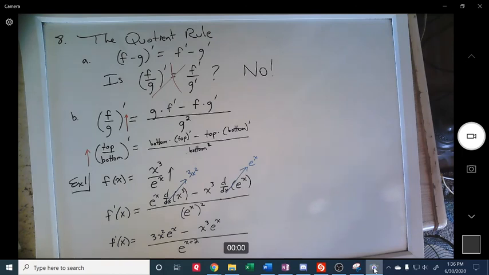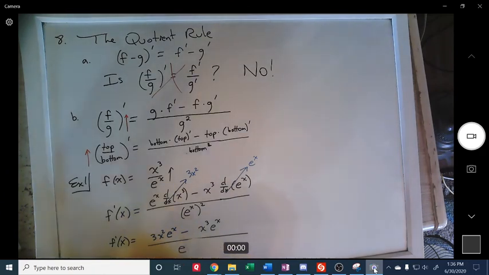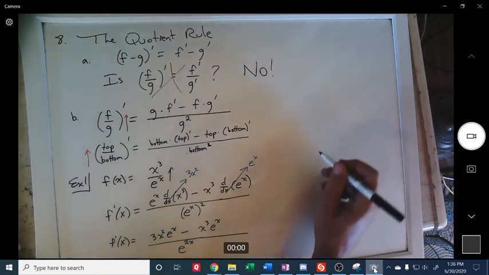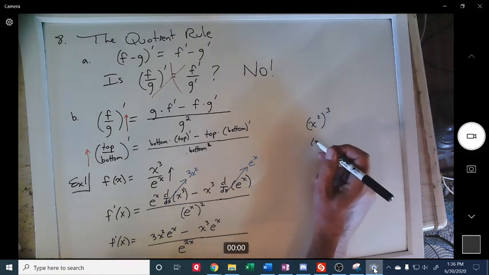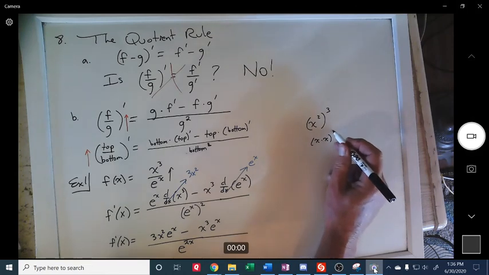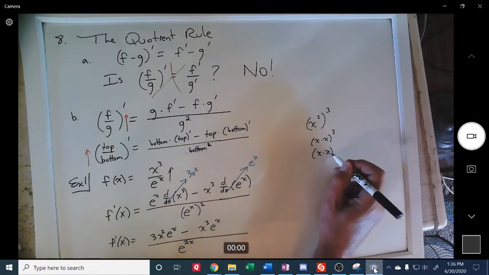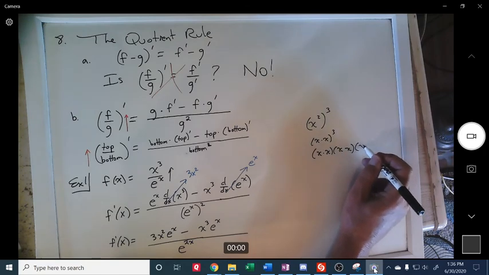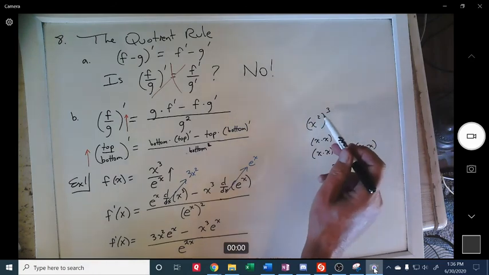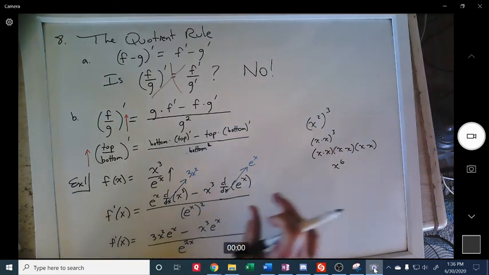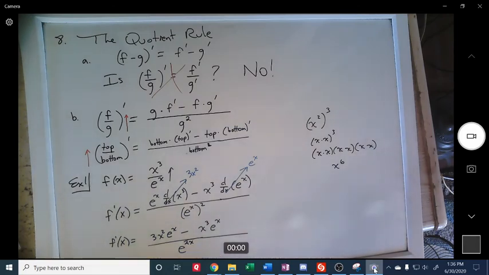Or is it e to the 2x? Which one is it? It's power to a power, multiply. And if I ever get confused about something like that, I just do a simple example in my head. That's x times x cubed, and that's x times x. And there's really 6 x's, so I multiply those two. And I remind myself of the principle, and I put it down like this.